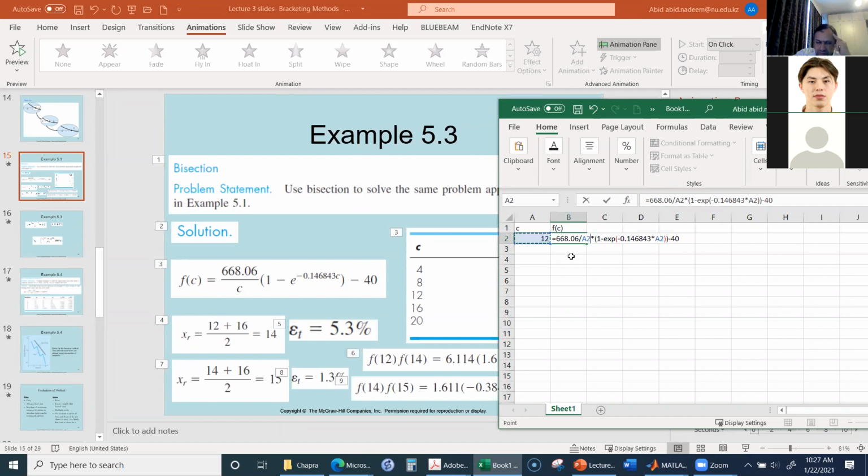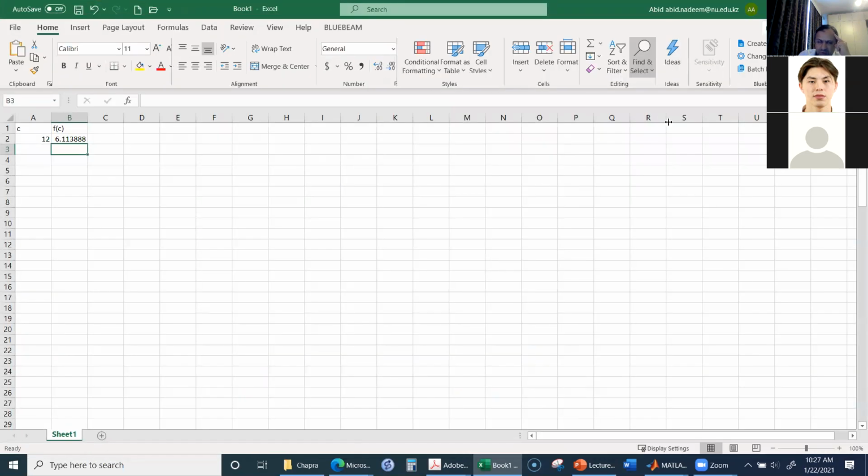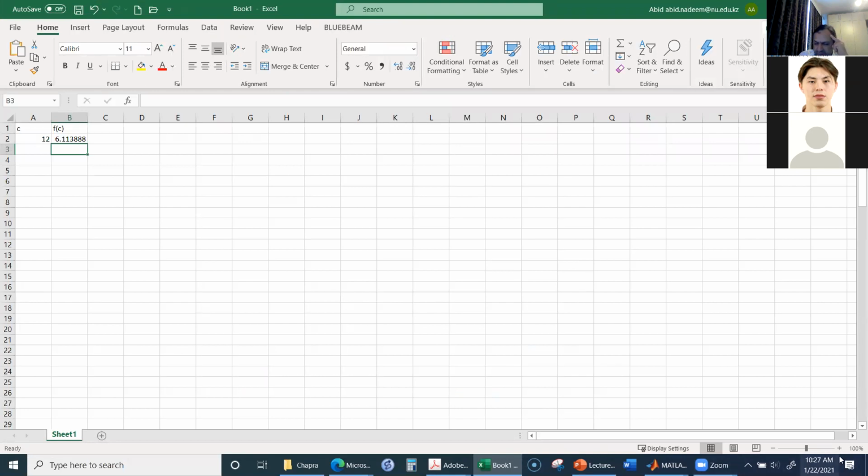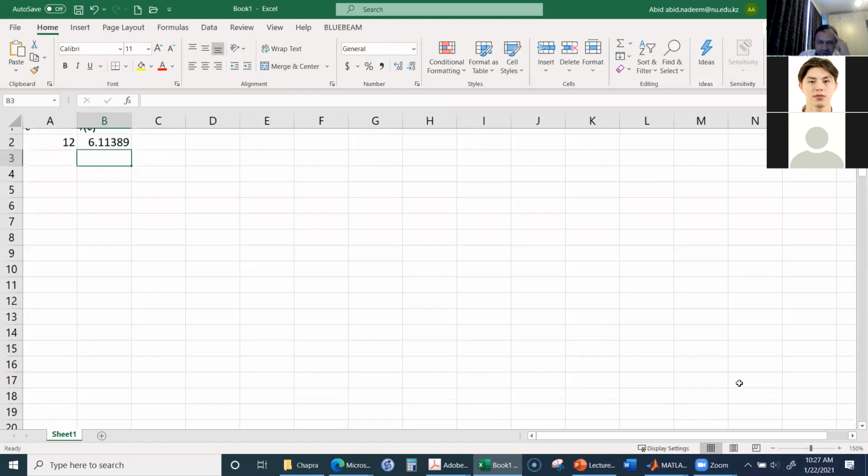So if it is like this, we get the value of 6.11. Is it correct? Yeah, 6.11. So in this way, I have formulated that equation.